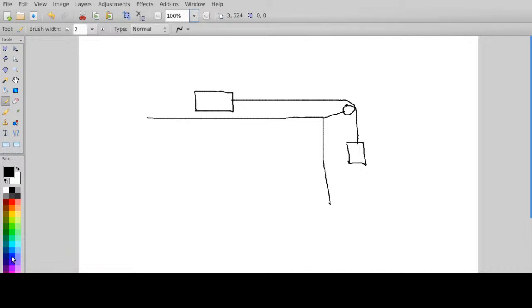Starting with the 13 kilogram box, there's gravity, straight down. There's no need to resolve it because it's on a flat plane, and we know how big it is. M1G is equal to 130 newtons. That one did not change at all. The next one was the normal force up like this.